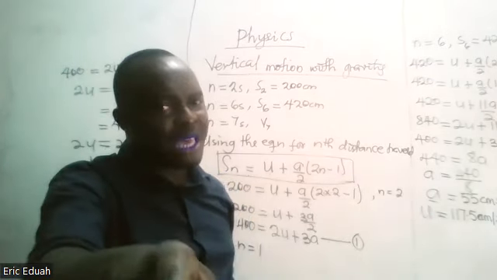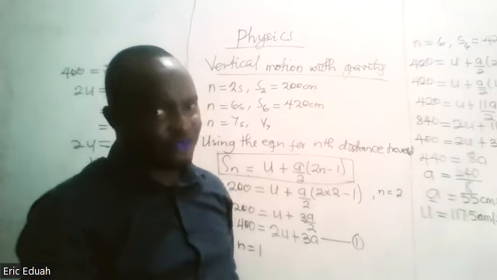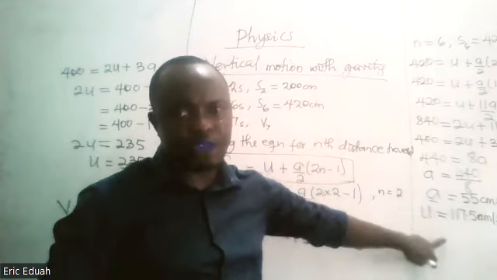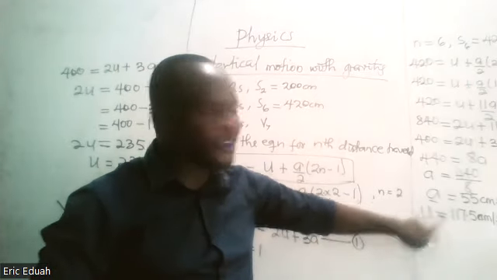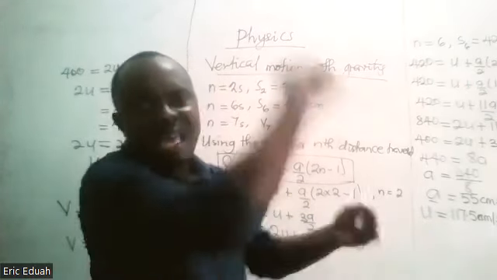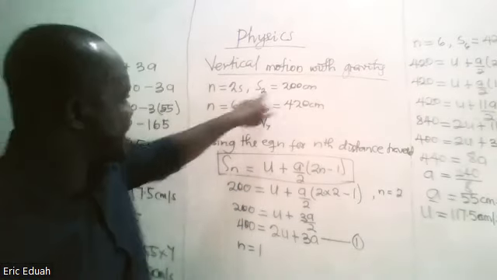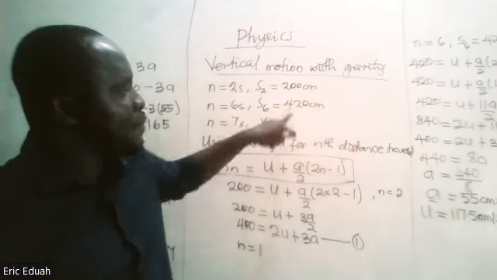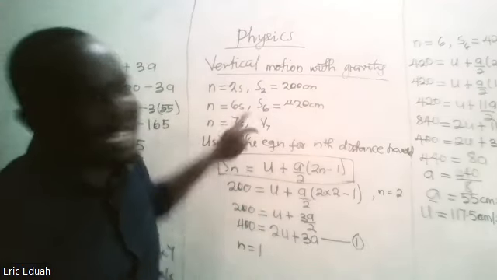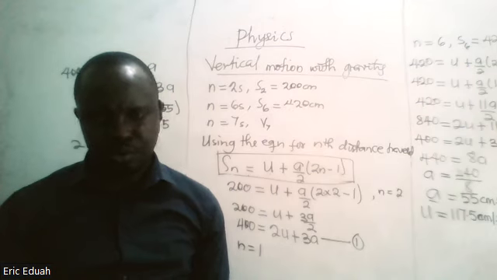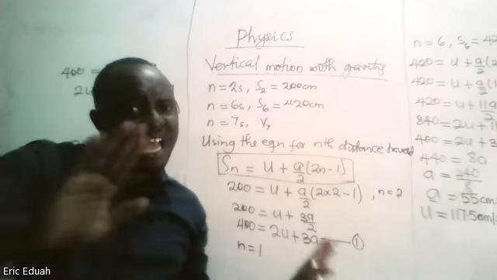That's why you got A to be negative, meaning that when the body starts with an initial velocity of 115, close to 117, and decelerates, you also get the same distances covered within the time. That is why you got that value. So that is another option.